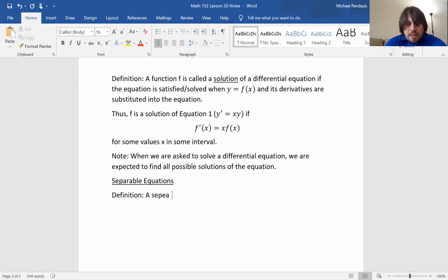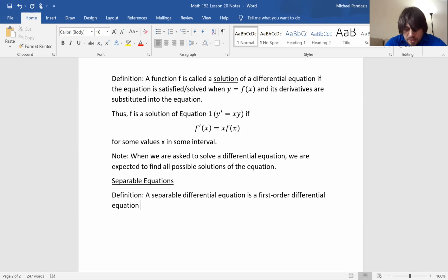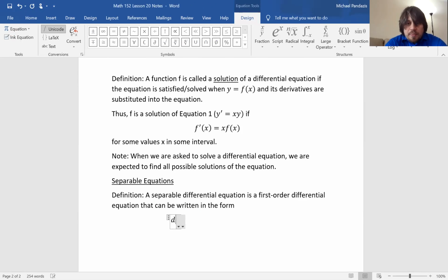A separable differential equation is a first order differential equation that can be written in the form dy dx is equal to g of x times f of y.